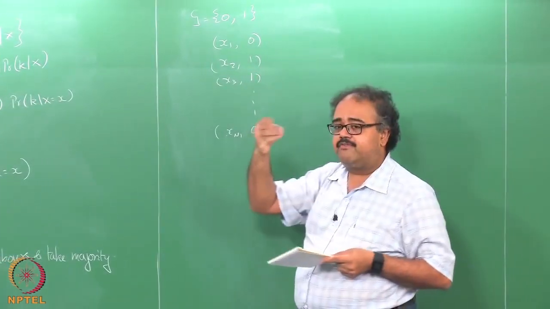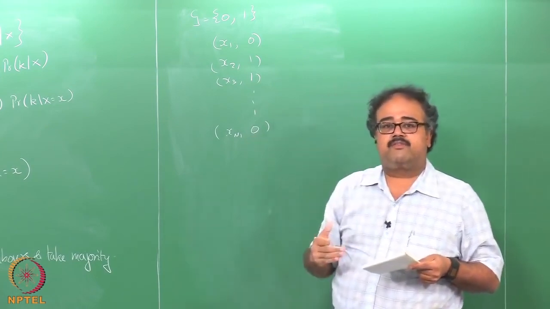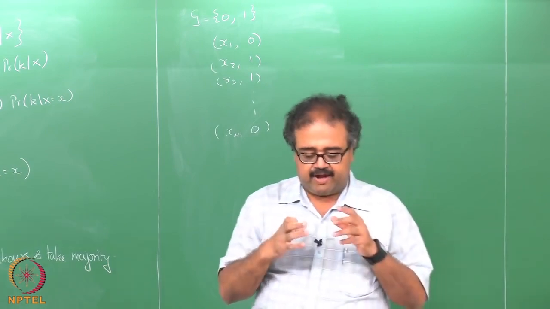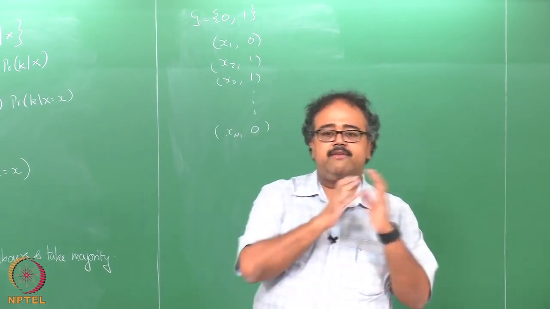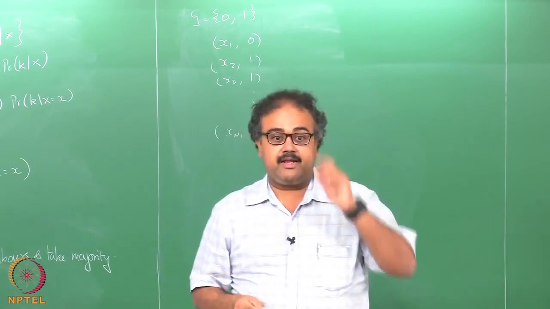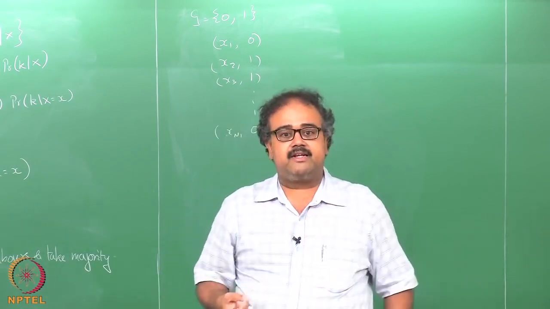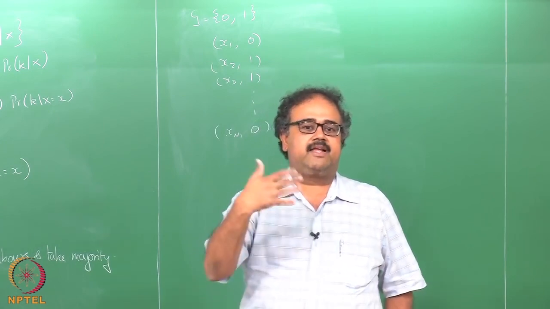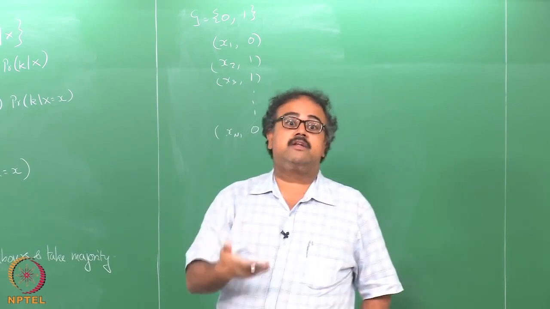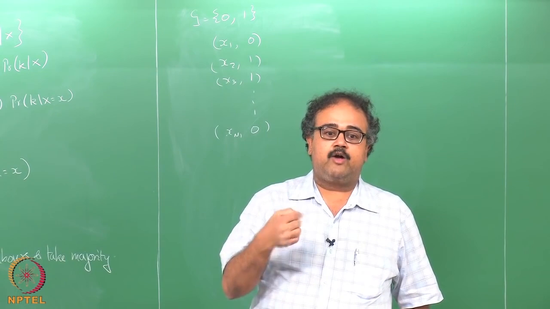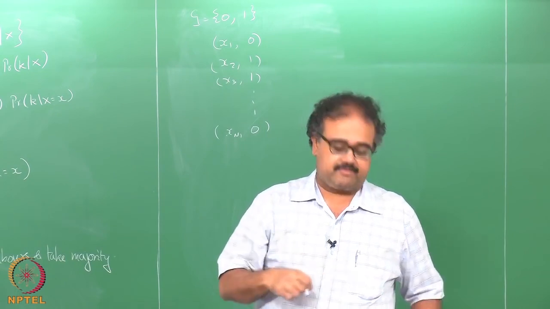For the same value of x, if there are multiple ones, suppose the same value x occurs say 5 times in my training data, 3 of the times it was 1 and 2 of the times it was 0, right. So, when I am trying to do a prediction, I would expect to end up at the average of this, which is 3 by 5, and that also turns out to be the probability with which the output is 1 given an x, right.